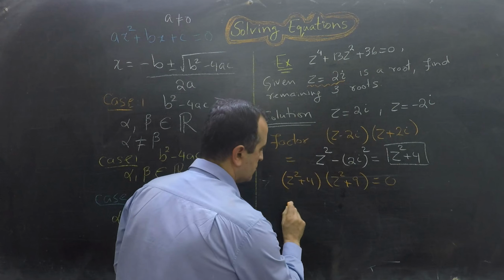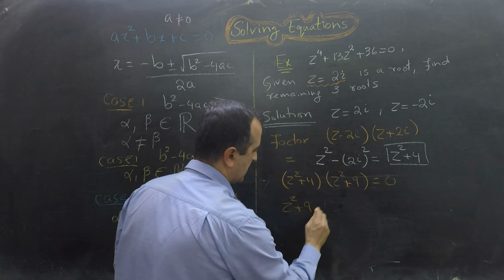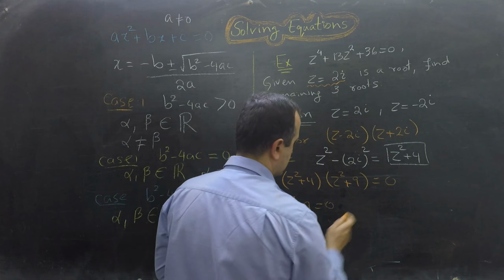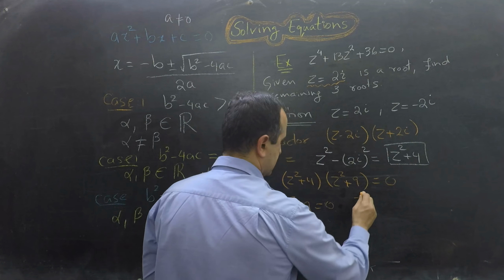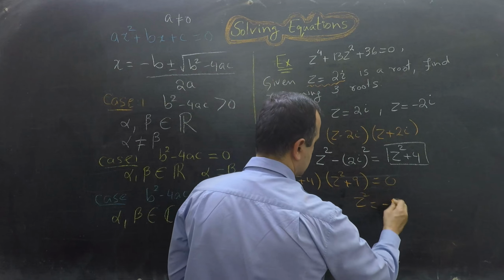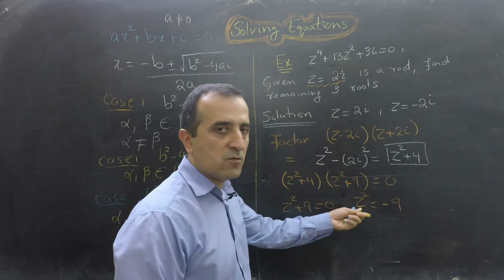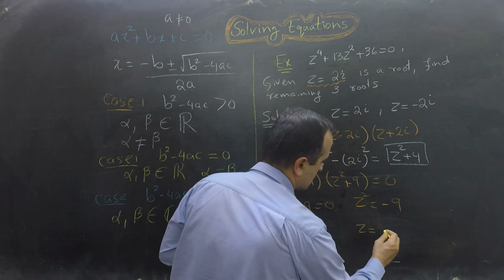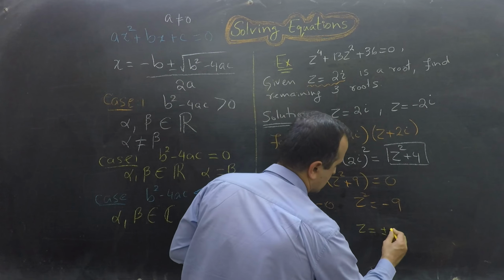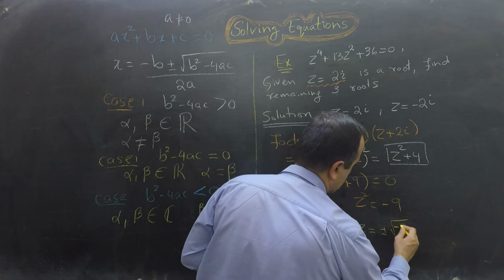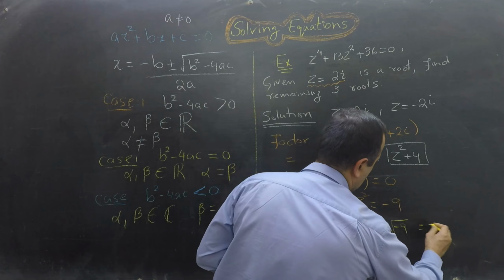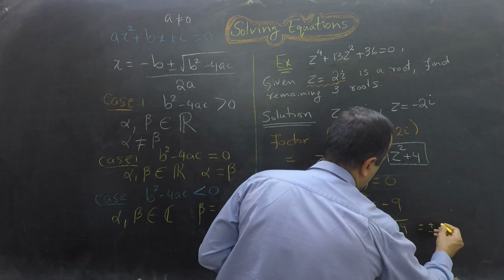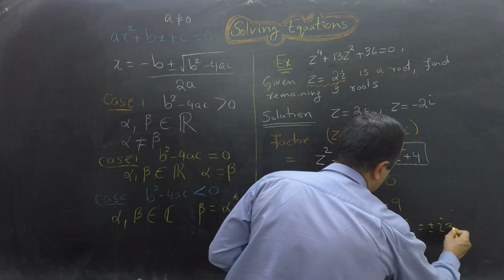So for the roots of z square plus 9 equals to 0, I write z square equals minus 9. Then I take the square root of both sides, and my roots will be z equals plus minus square root of minus 9, which is equal to plus minus iota 3.